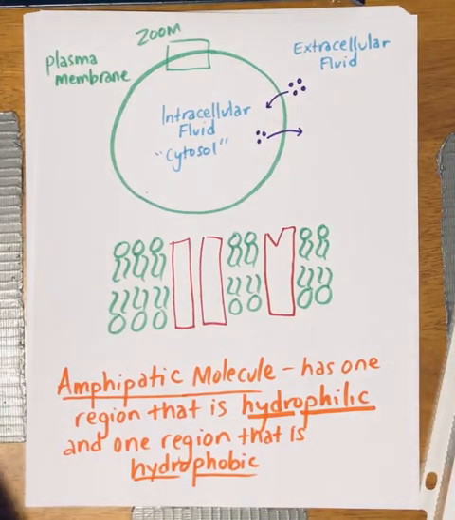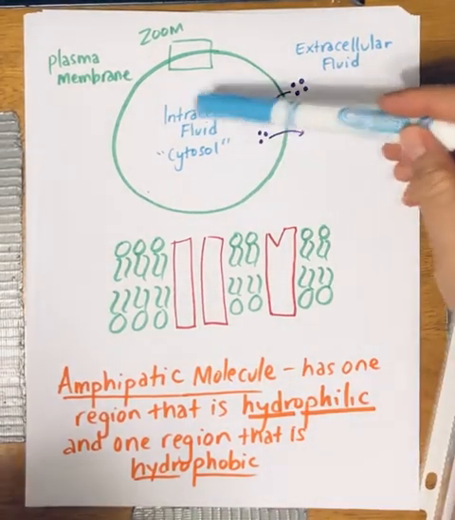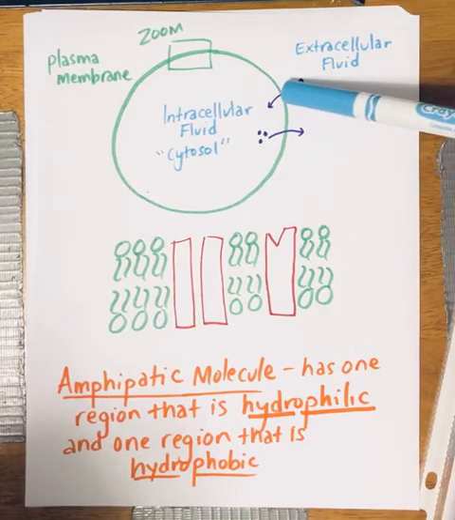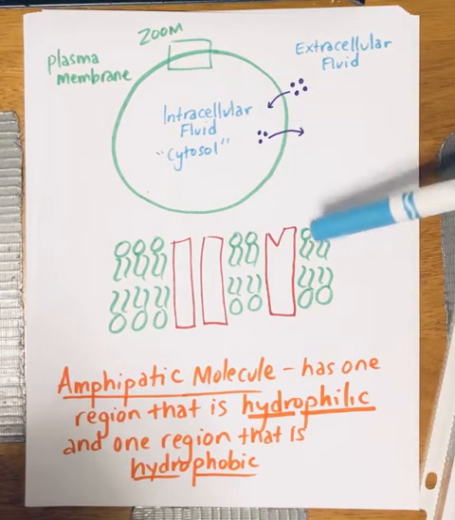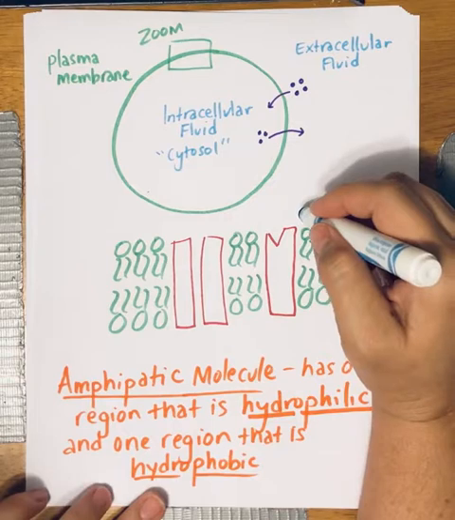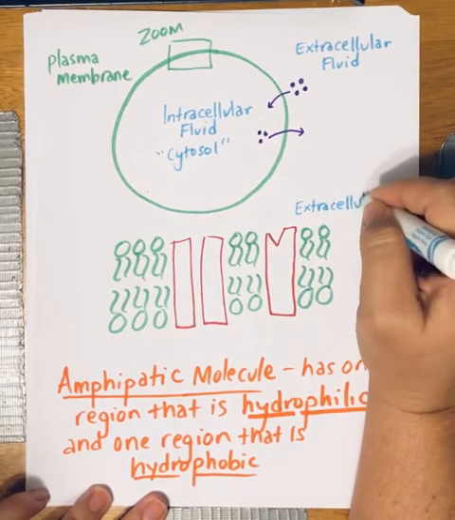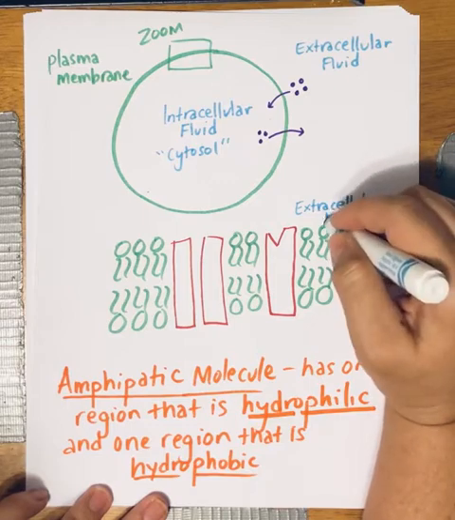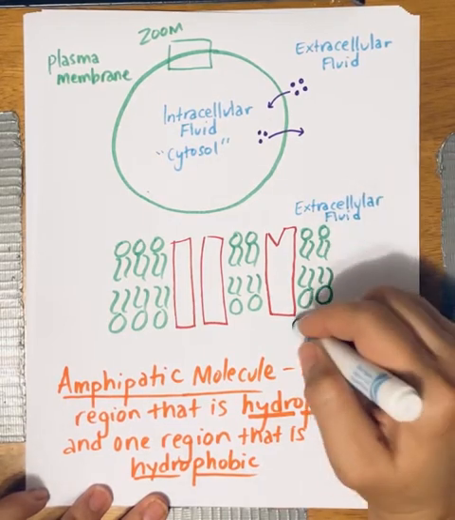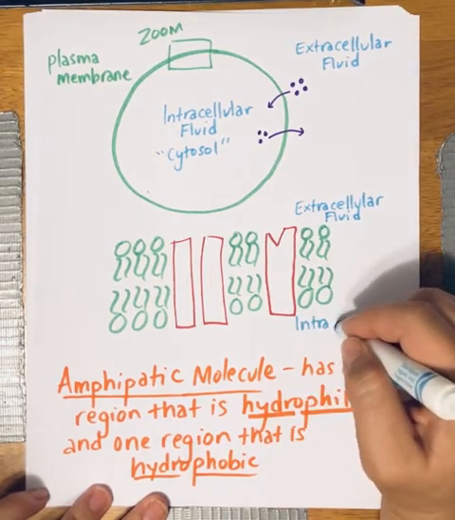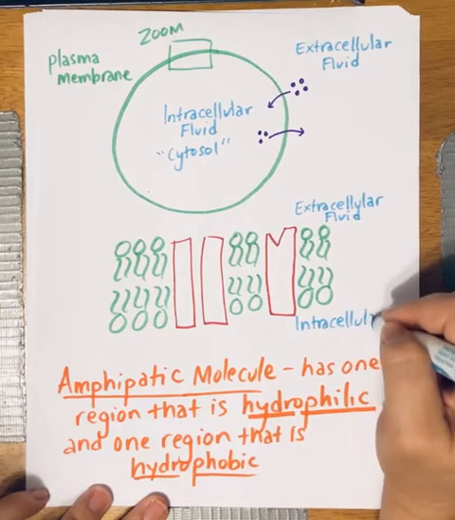Now, because you have primarily water on the inside versus the outside, when we look at this, this would be extracellular fluid, which is primarily water. And on the inside, this is intracellular fluid, primarily water as well.